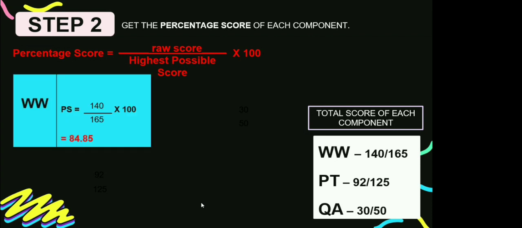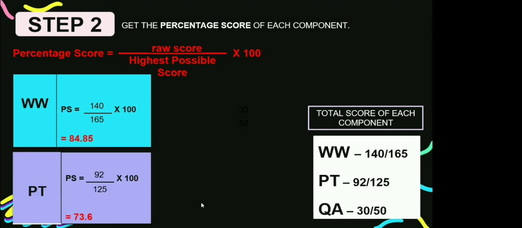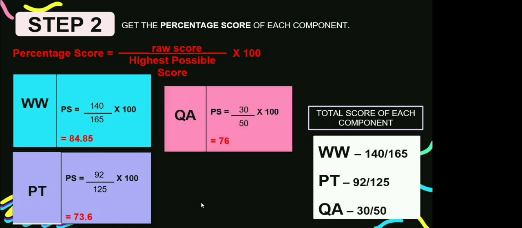Let's begin with written works. Percentage score is equal to 140 divided by 165 multiplied by 100, which is equal to 84.85. Next is performance task. Percentage score is equal to 92 divided by 125 times 100. We have 73.6. The last one is quarterly assessment.